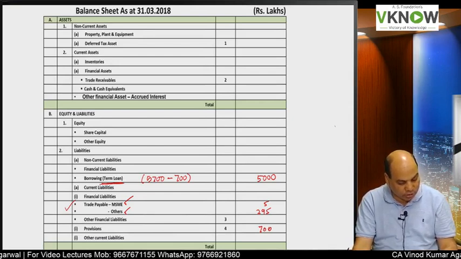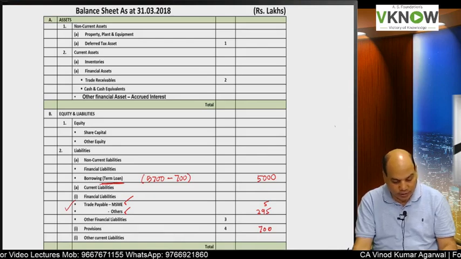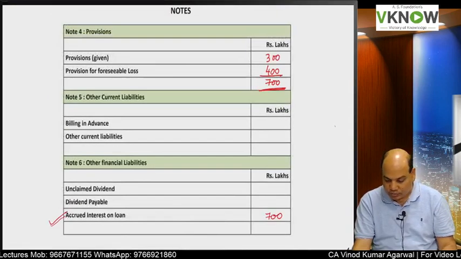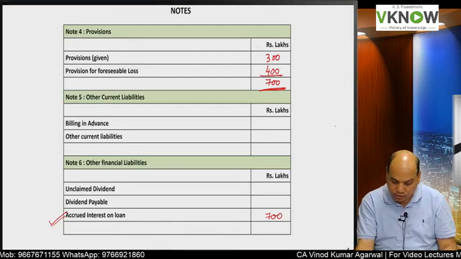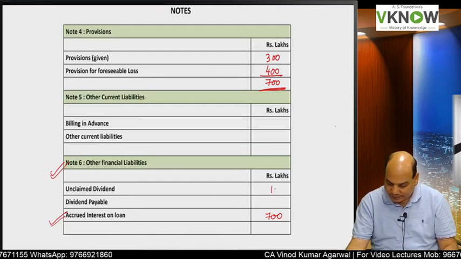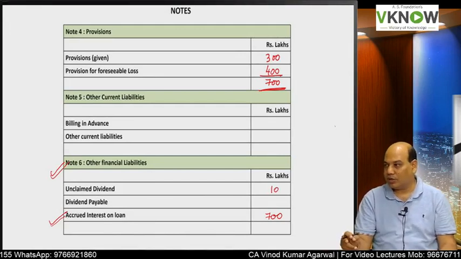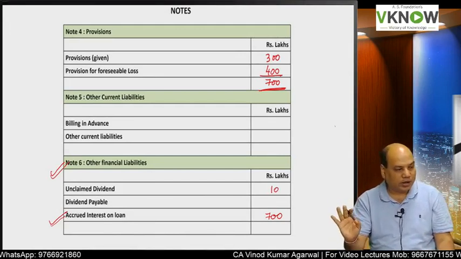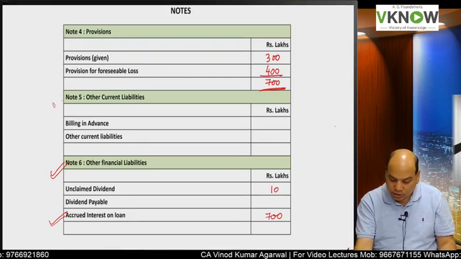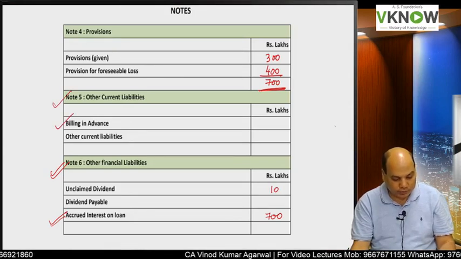For that, go to note 4 of the question, and in that note 4 they have written unclaimed dividend. Where do we put it? Unclaimed dividend I'll put in other financial liability 10. This is already accounted, so this will not have any other effect. Billing in advance I will put in other current liabilities, note 5.